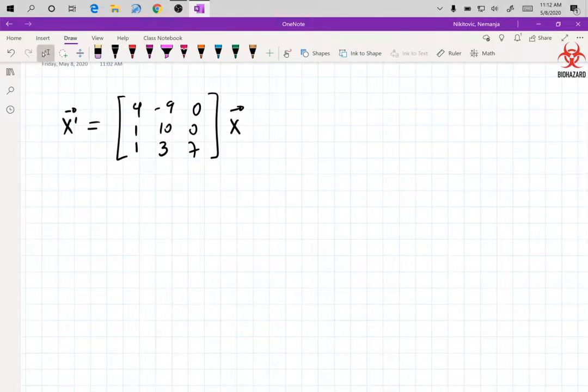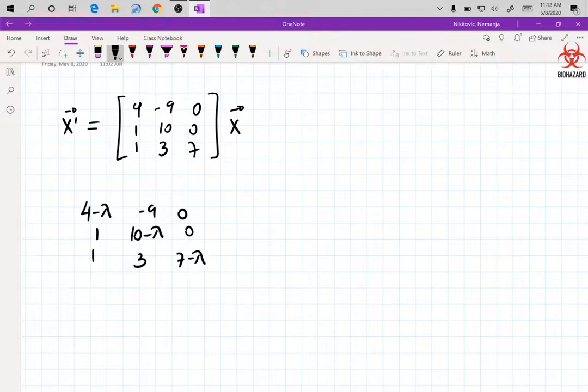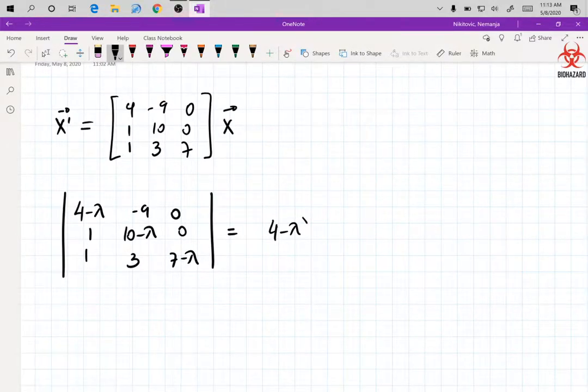All right, so we start with the standard 4 minus lambda, negative 9, 0, 1, 10 minus lambda, and then 0, and then 1, 3, 7 minus lambda. And we need the determinant. That's 4 minus lambda times 10 minus lambda times 7 minus lambda.